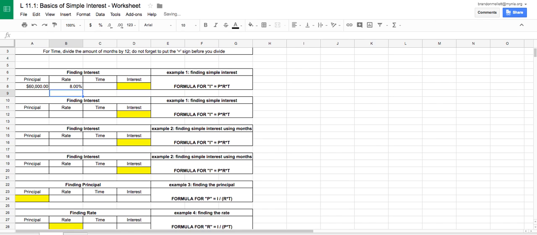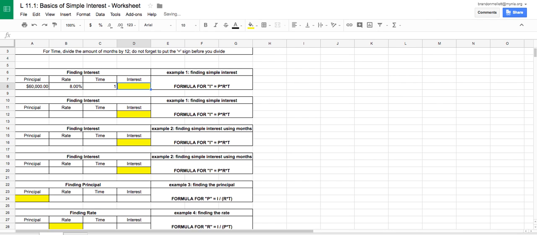Now, if you were to build your own spreadsheet for this one, you would have to change the cell to be a percentage. So that's why this one automatically does it. Now, the time they give us is 1 year. So we're just going to do 1.